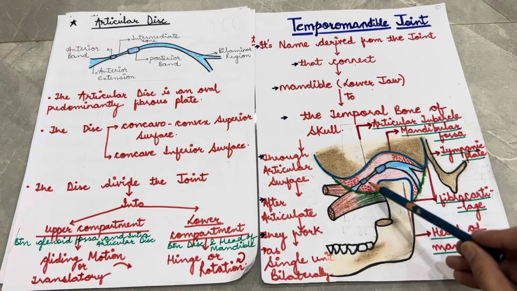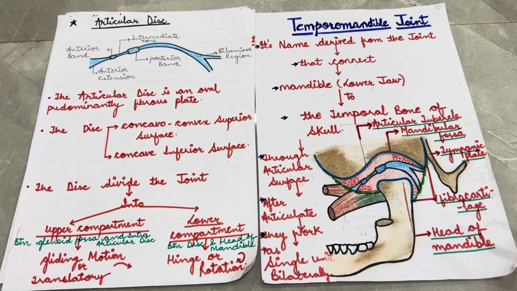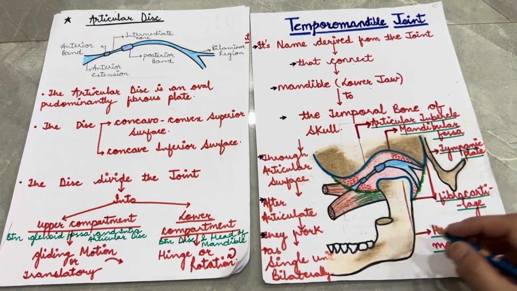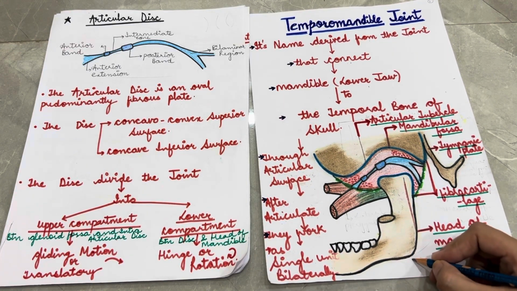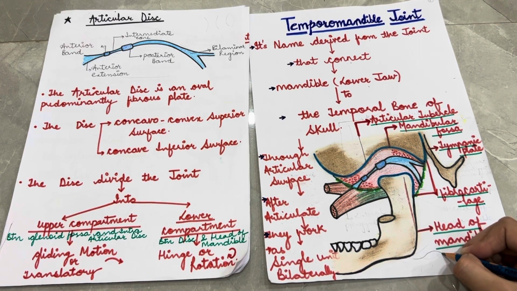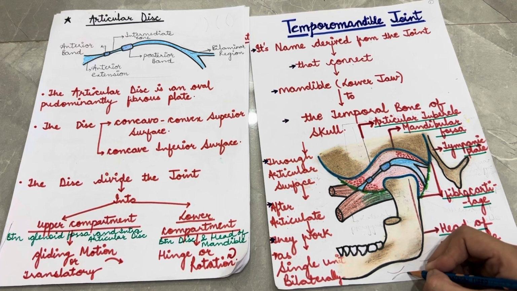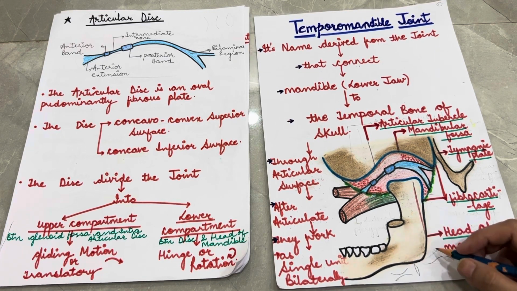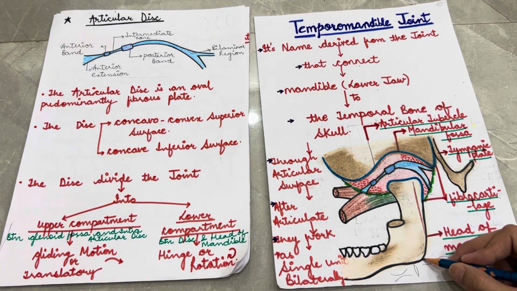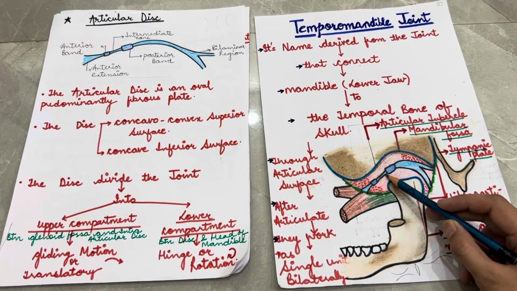This is the superior surface and this is the inferior surface. The superior surface is first concave, then convex. Concavity is like this and convex is like this. So the disc has a concave and convex surface on the superior portion, and a concave surface on the inferior surface.